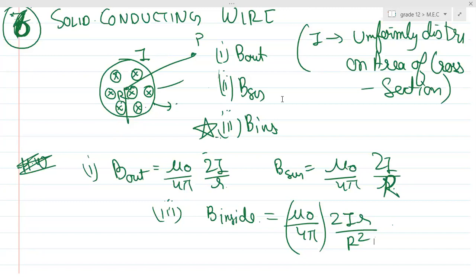Sir, I didn't understand exactly what a solid conducting wire is. So what is a solid conducting wire? Basically, there is conducting material all over it. It is in the shape of a solid conducting cylindrical wire.